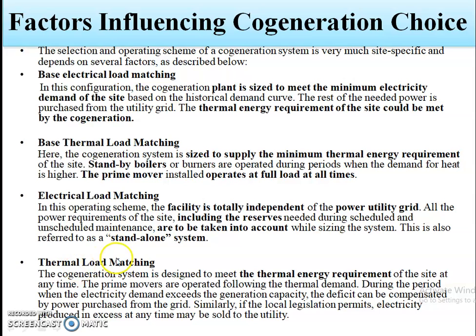Finally, we discuss thermal load matching. Here the cogeneration system is designed to meet the thermal energy requirement of the site at any time. The prime movers are operated following the thermal demand. During this period, when the electricity demand exceeds the generation capacity, it can be compensated by power purchased from the grid.